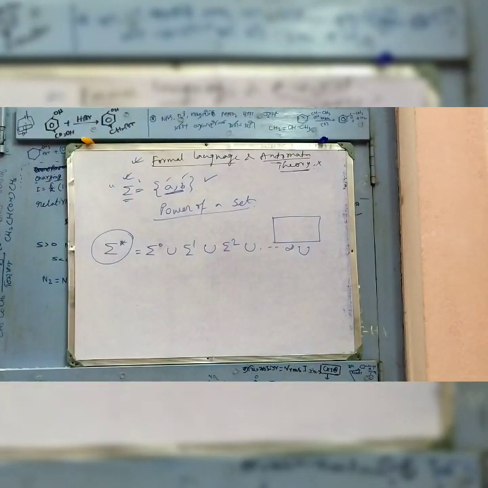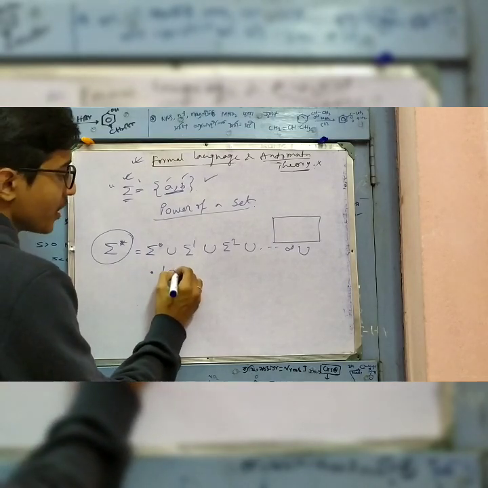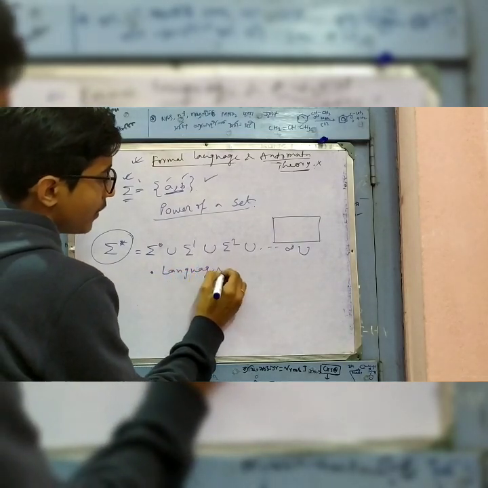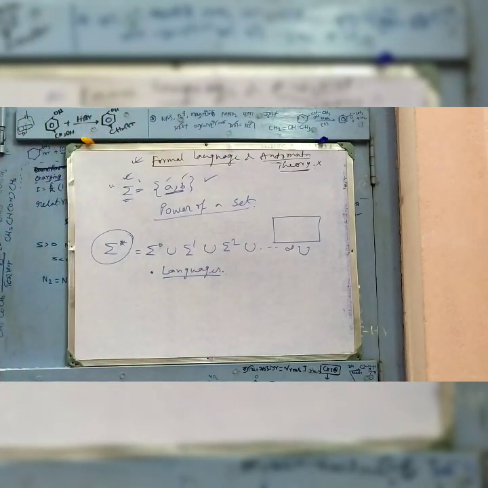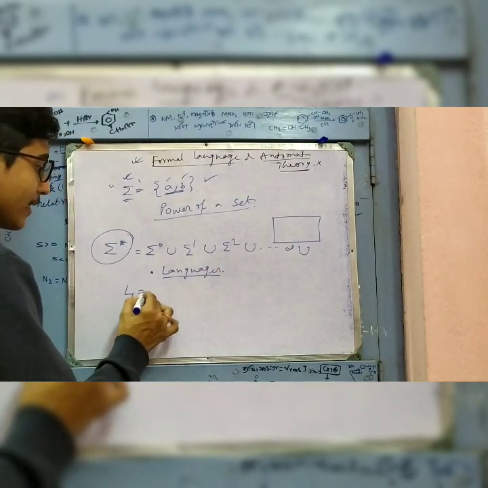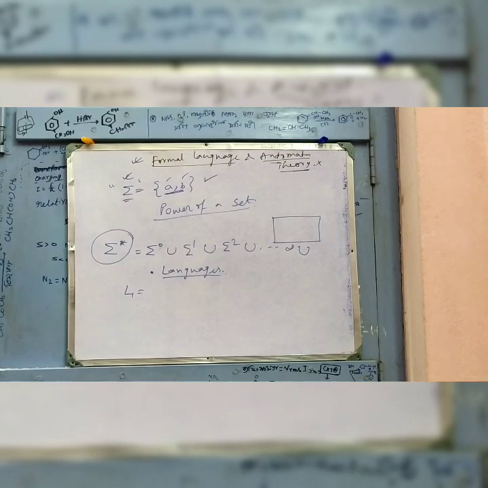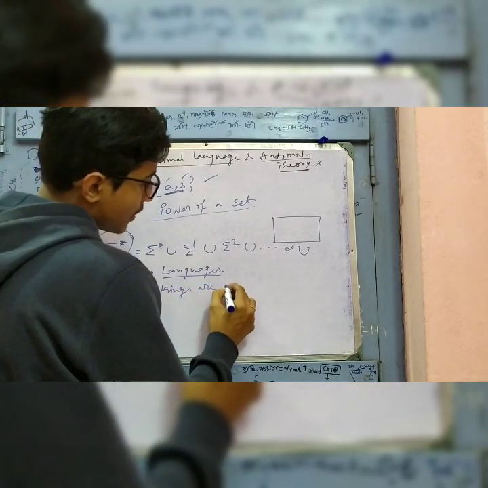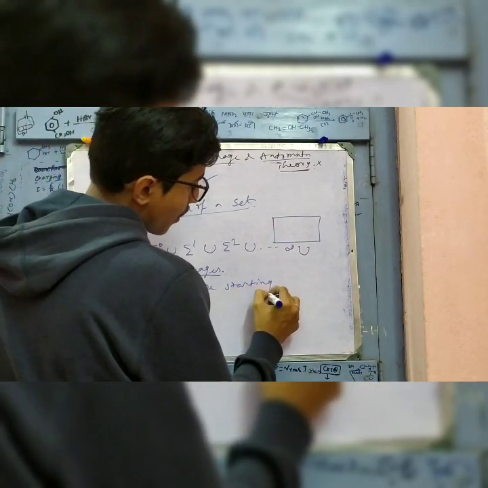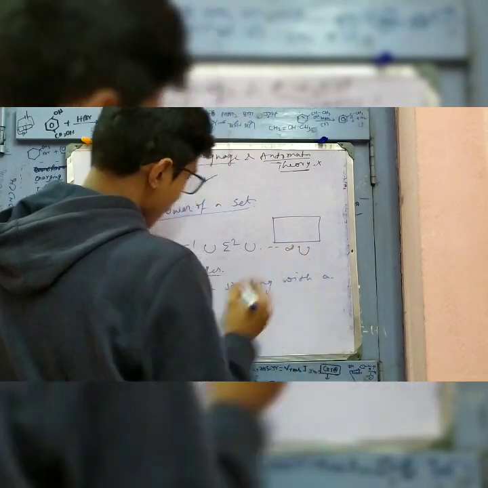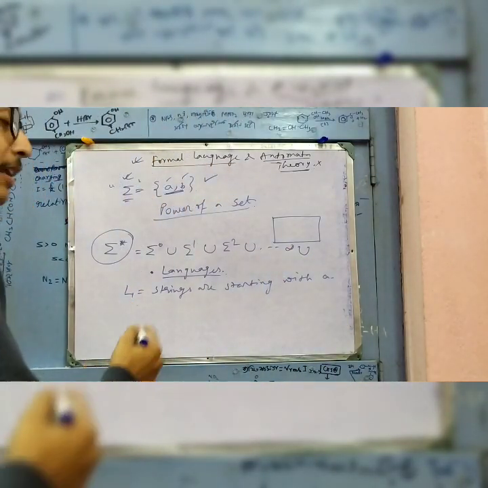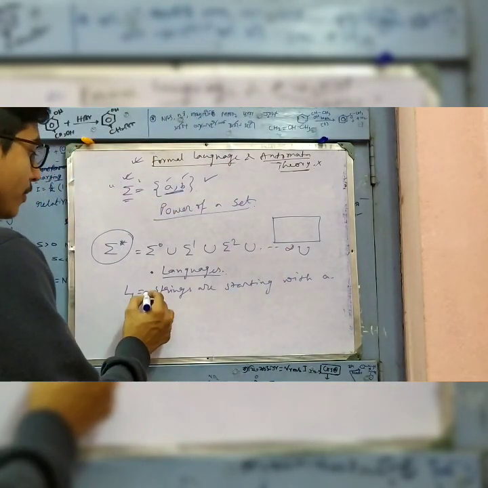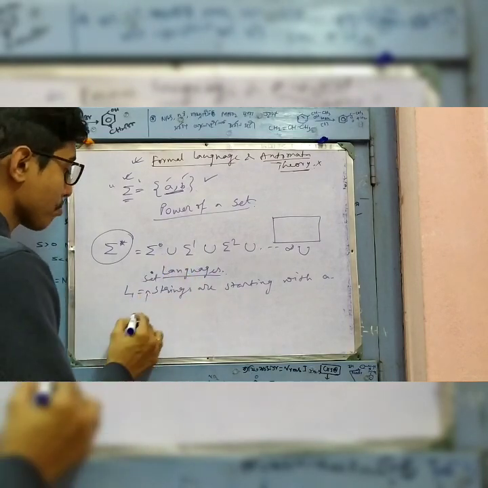Okay. Now I am coming to a very beautiful thing, that is the making of languages. Let's take L1 as a language where the strings start with A. Note that the language L1 is also a set.